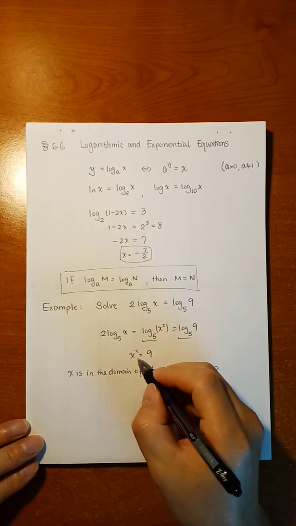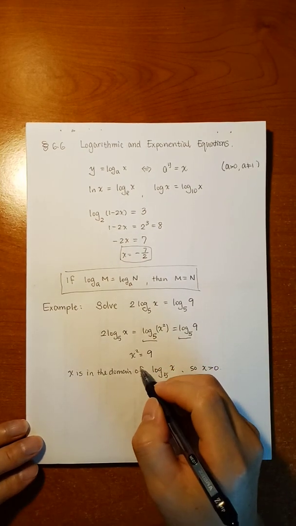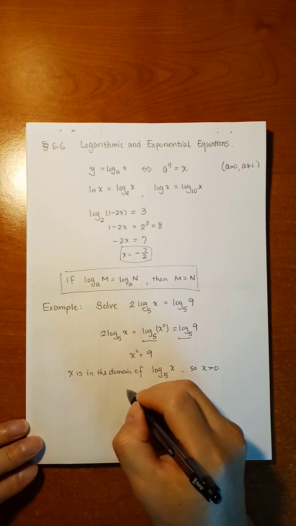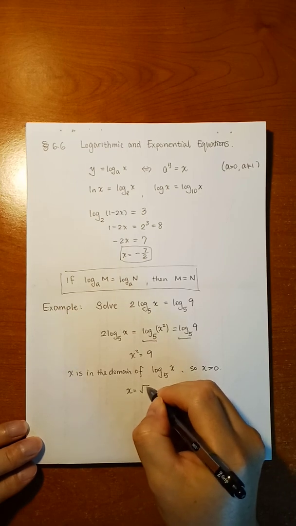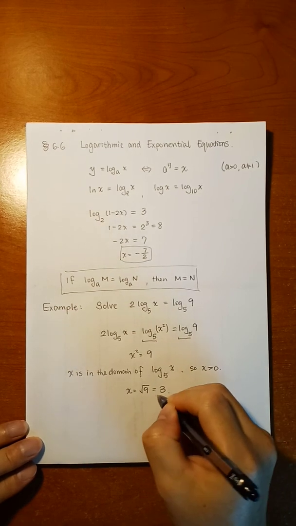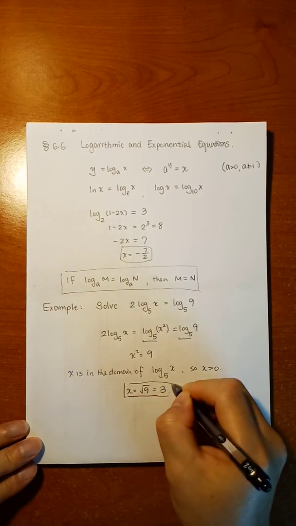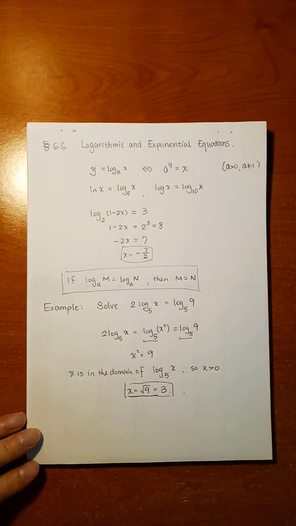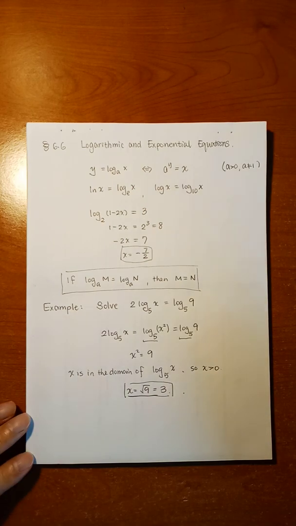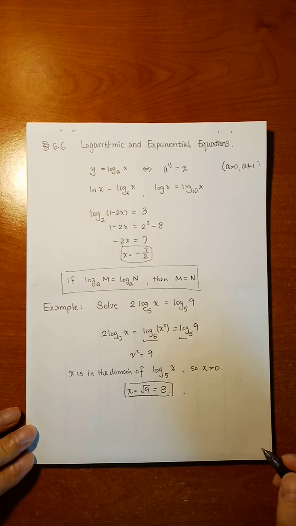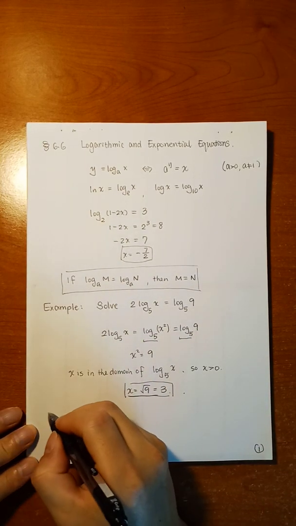So here you can only choose the positive square root, the principal square root. So we get x is equal to 3. Okay, so this is the first example.